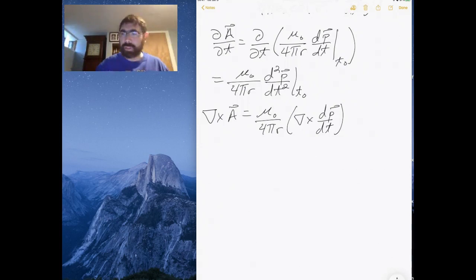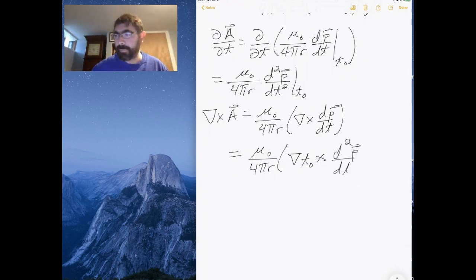And now I can write that out as the gradient of our time t0, curl of the second derivative of the electric dipole moment, evaluated at some time t0.